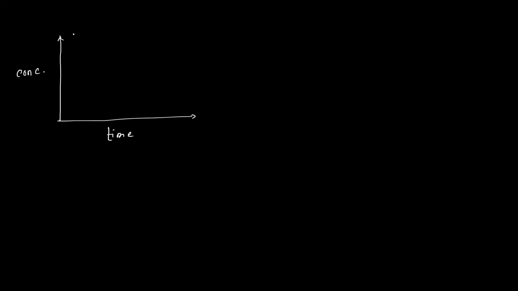So our graph will be like this, because as the reaction proceeds, the concentration of reactants decreases. If we take 2 points on this curve, here and here, the initial concentration is here and the final concentration is here. And the initial time is here and the final time is here.